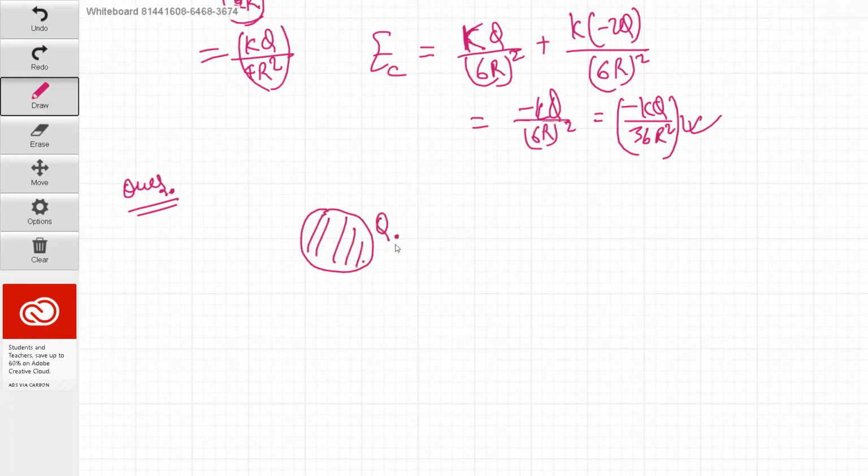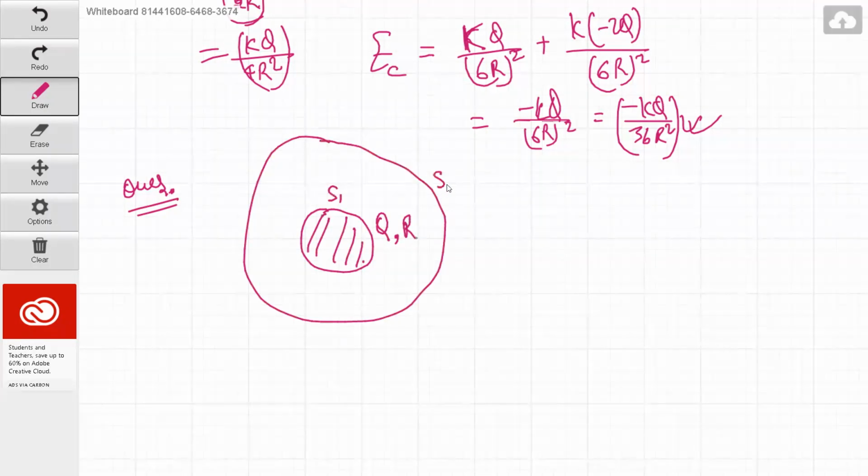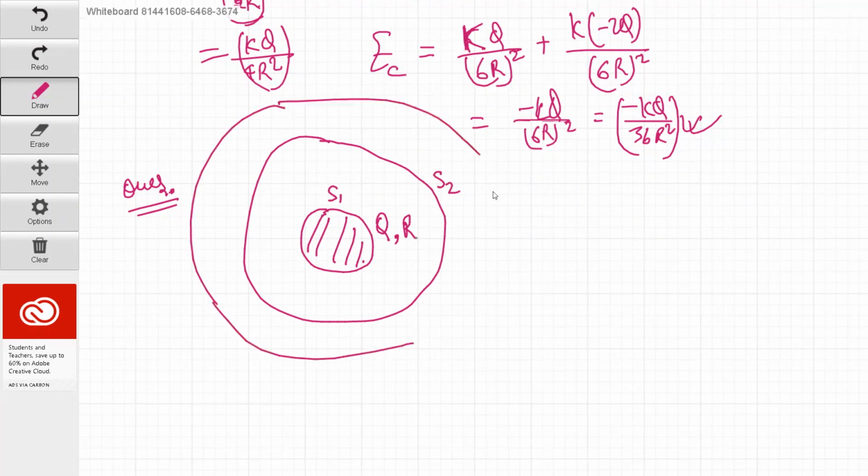This charge is Q, radius is R, this is S1. Let's say this is S2. And let's consider another sphere also. This is S3. This is a very, very authentic question that used to come. 2Q, radius is considered 2R.